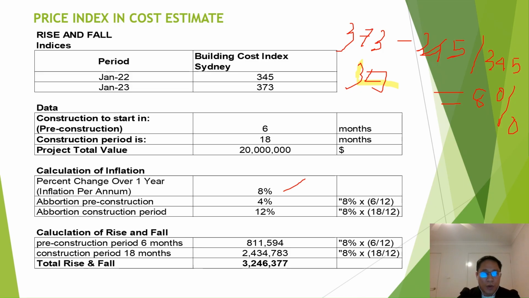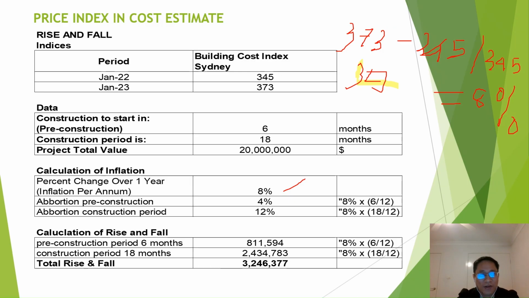So we will do the portion for the pre-construction segment. We will use this formula: 8% times 6 months, divided by 12 months, because our inflation is 12 months or 1 year.